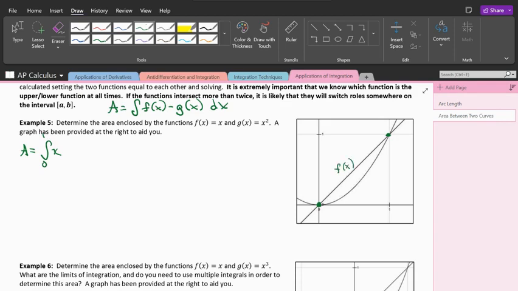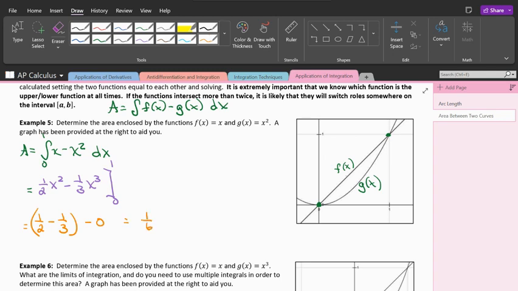So this is f of x, and our lower function is g of x, x minus x squared dx. And so this is 1/2 x squared minus 1/3 x cubed, evaluated from 0 to 1. And so we have 1/2 minus 1/3 minus 0, and that gives us an area of 1/6.